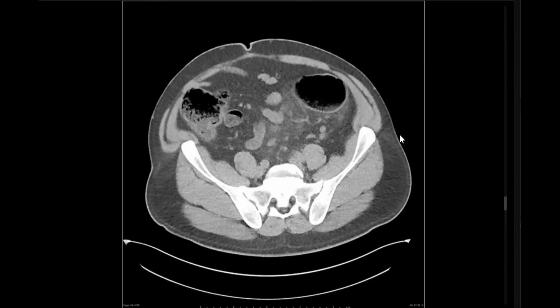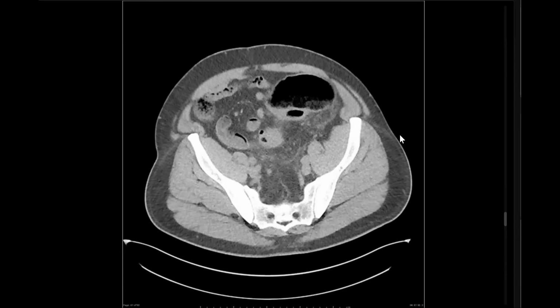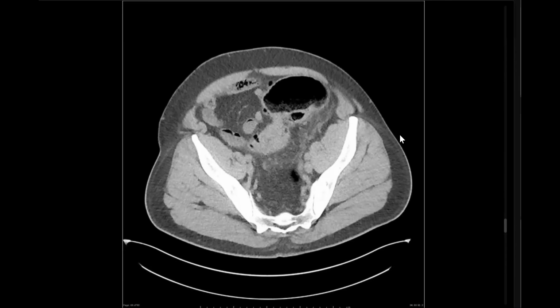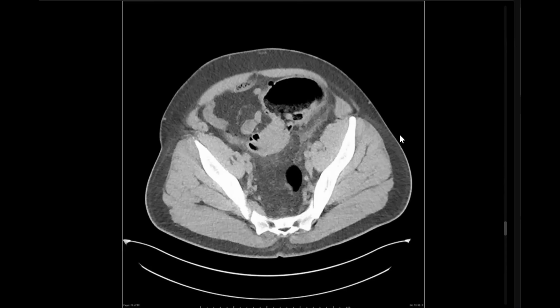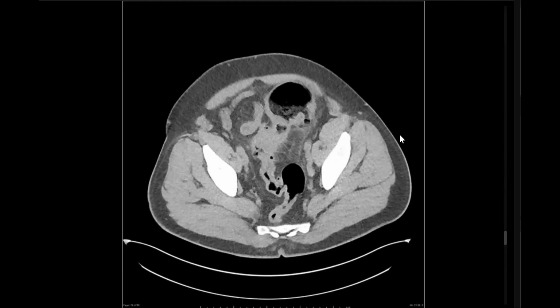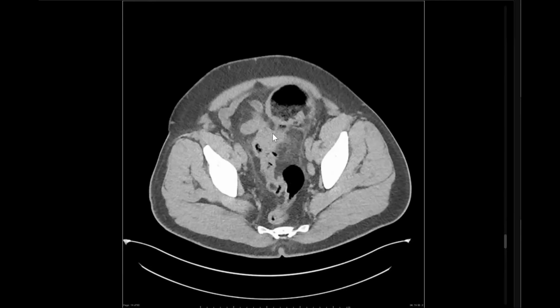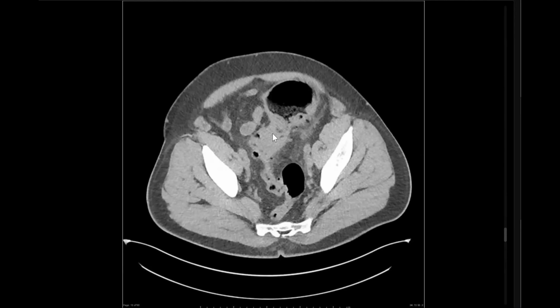Good. I am checking if there is any transitional point or if there is any mass. I can see here this is a transitional point. This area looks like it's going down. It looks like a short segment with shouldering.